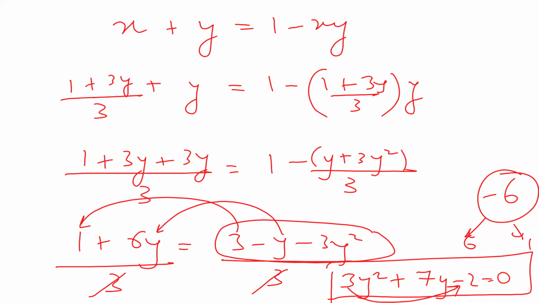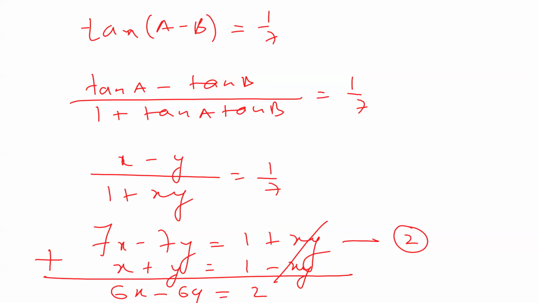So 3y square plus 7y minus 2. Just a second. I'm just stuck over here. So I have got my mistake basically. I just made some calculation error over here.